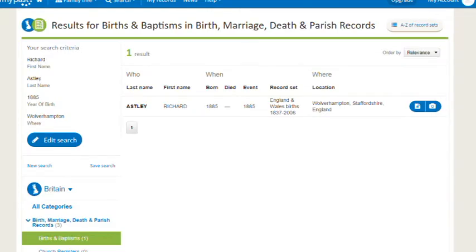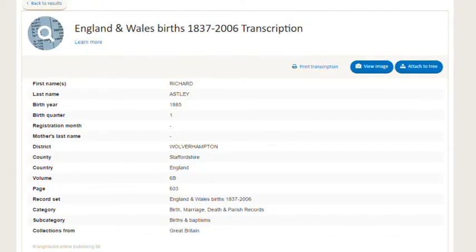And sure enough, there is only one Richard Astley that matches all those criteria, and I can obtain the information I need in order to order the certificate, the volume number, page number and so on, and the district being Wolverhampton. And I obtain the birth certificate and it looks like this.